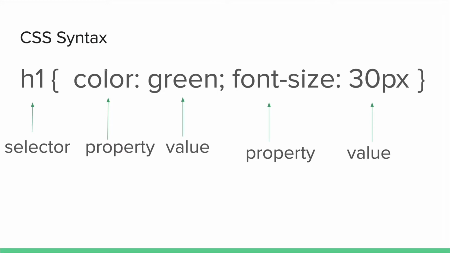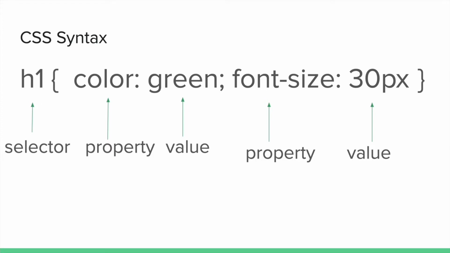The second piece of CSS syntax is properties. These are the hardest things for beginners because you just don't know what the properties are. But I will link in the lesson a library or dictionary of CSS properties. It's less important that you memorize them all.